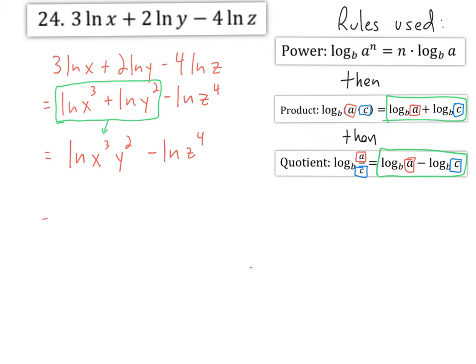Okay, so at this point we'll write it all as one log, ln of the fraction. So this first thing becomes the numerator, and this second thing here goes down into the denominator. And that's the final answer.